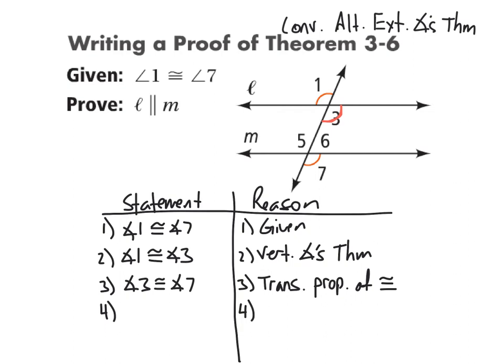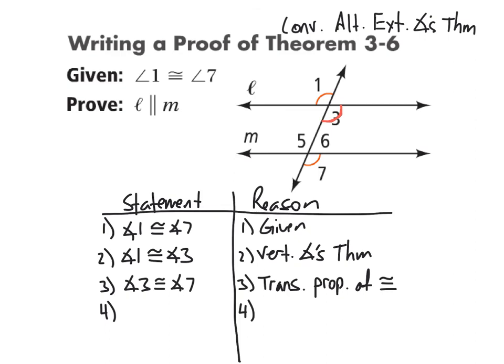Oh, so do we have, by the way, read the converse of the corresponding angles postulate. If two lines and a transversal form corresponding angles that are congruent, then the lines are parallel. Yeah, so to summarize, if corresponding angles are congruent, then the lines are parallel. Do we have corresponding angles that are congruent?